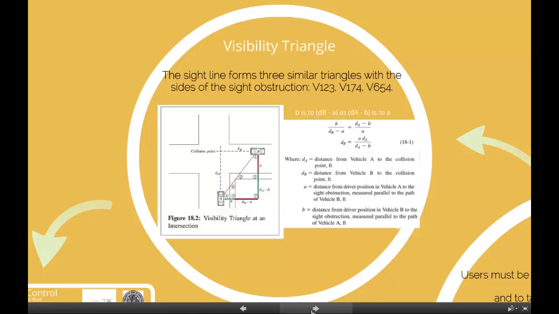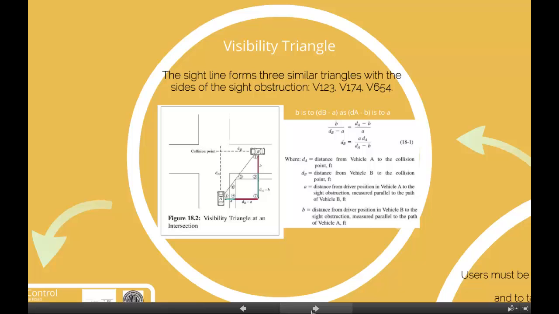According to the properties of similar triangles, we find that segment b is to segment dB minus a as segment dA minus b is to segment a. Rearrange the equation and solve here for dB, which is the distance from vehicle B to the collision point at the moment mutual visibility is first established.